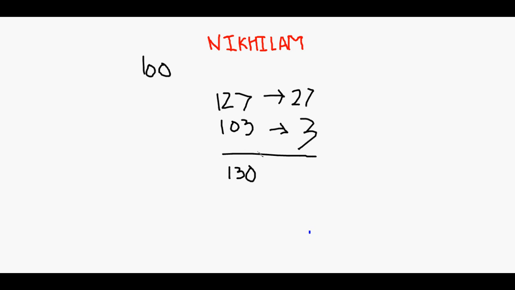Multiply 27 and 3, so we will get 81. Now this is the multiplication of the numbers. So see how simple it is. 13081 is the product of 127 and 103. So we will extend our concept to 4 digits.